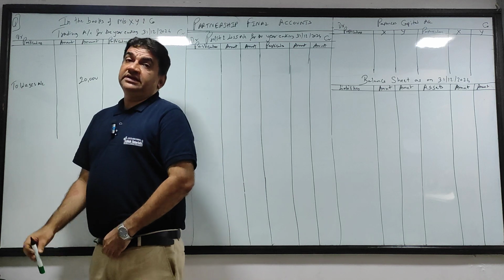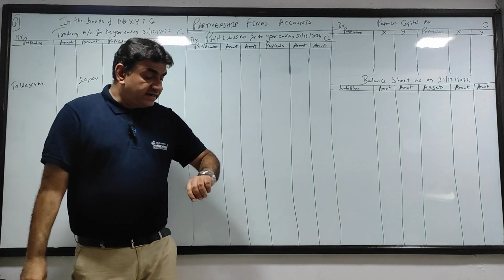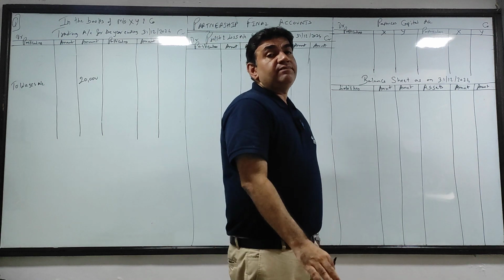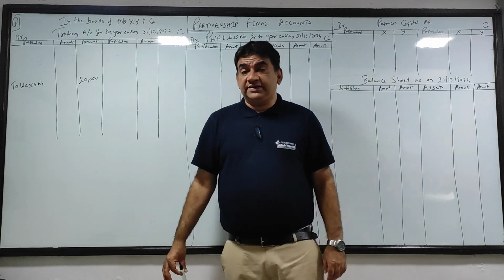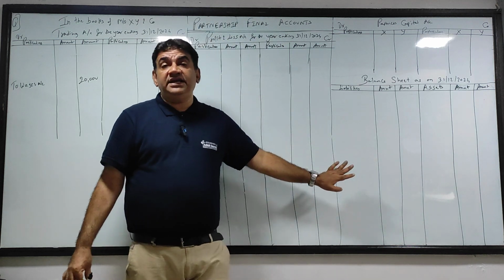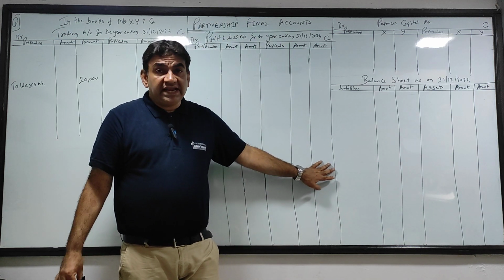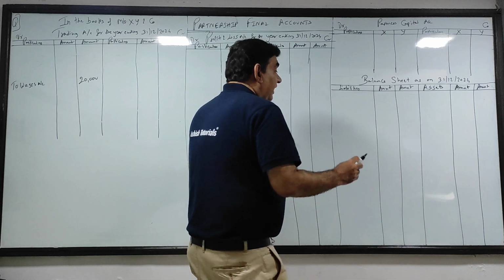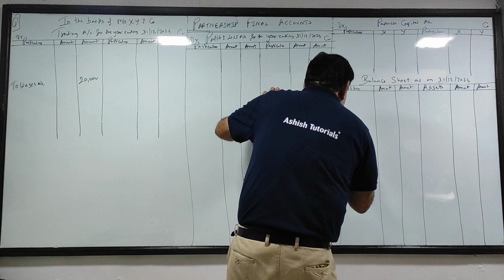Sundry creditors. We know very well. Creditors are the people to whom we have to pay and anything payable for us is a liability. Stick to the same thing. When you write anything on the liability side, सबसे पहले capital आएगा. So liability side पे leave 5-6 lines and after writing that, write there sundry creditors.